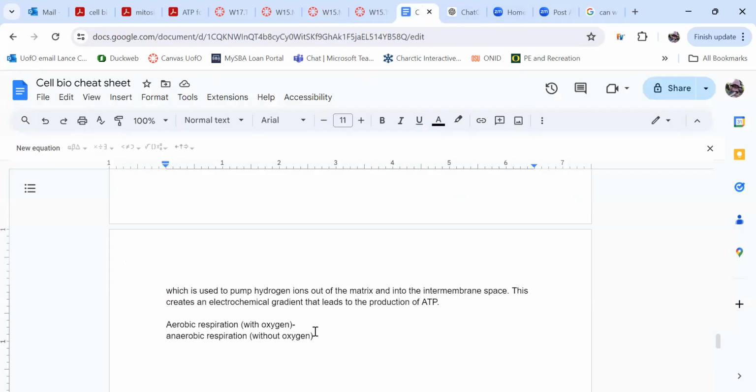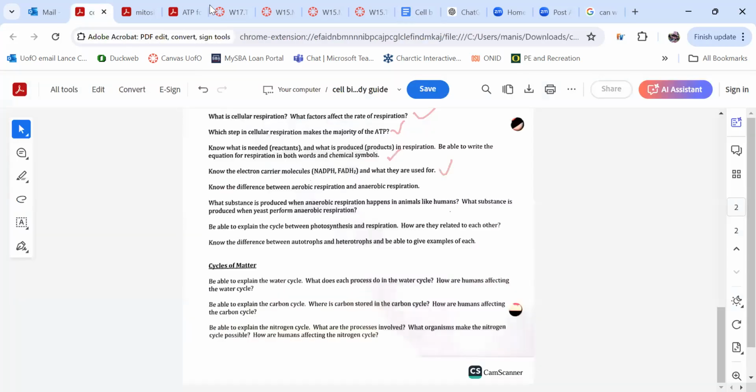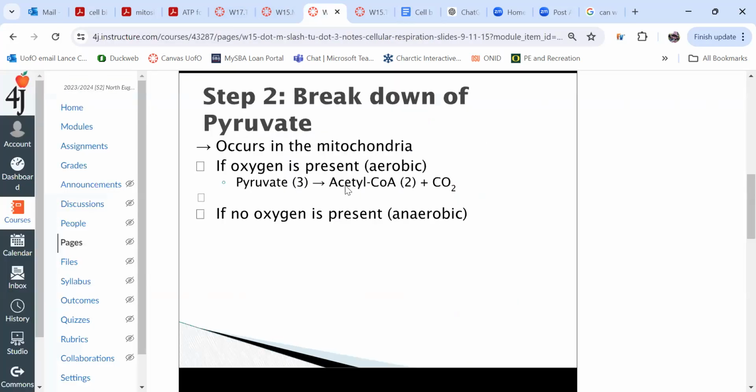We'll go to step two. Step two in cell respiration. Breakdown of pyruvate. Uses acetyl-CoA and CO2.